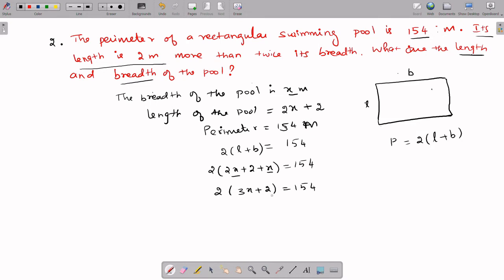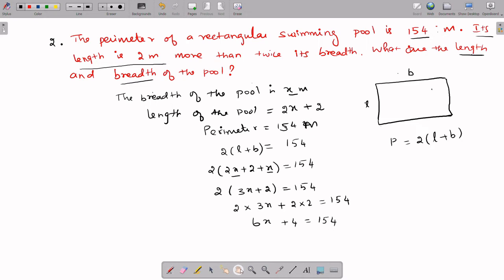That is the meaning of this line. So you have to take multiplication for these two terms. So 2 into 3x, plus 2 into 2 is equal to 154. Or you have 6x plus 4 is equal to 154.